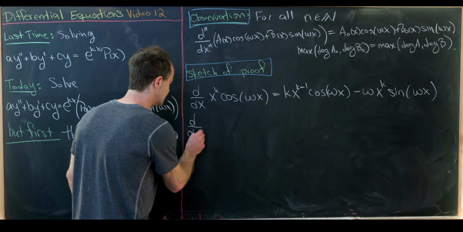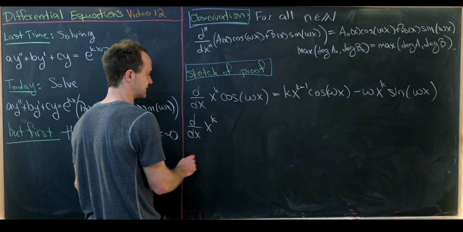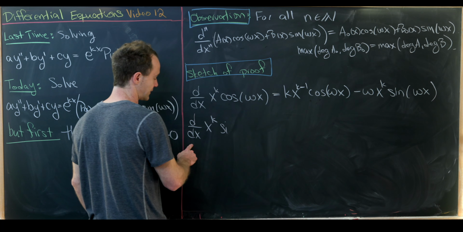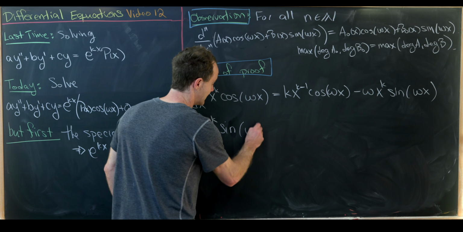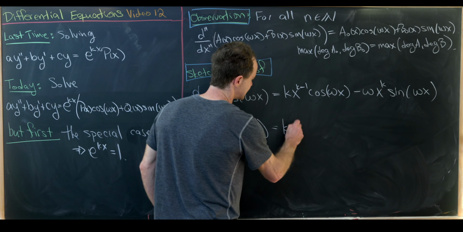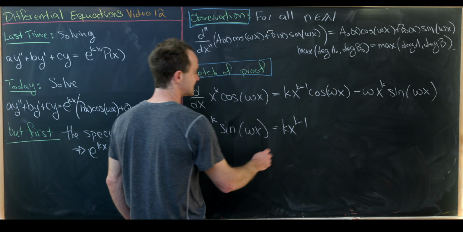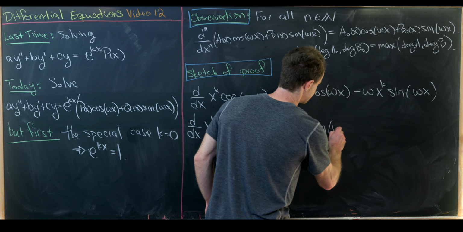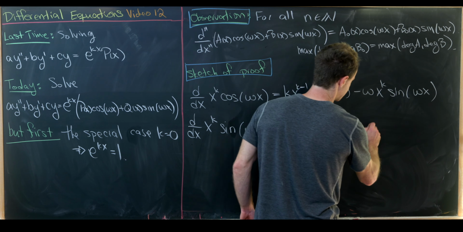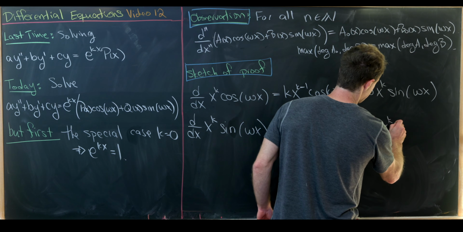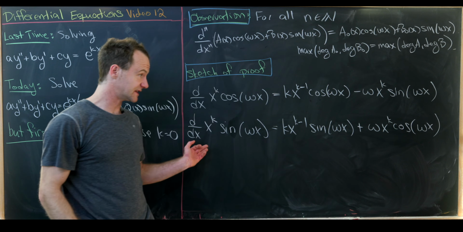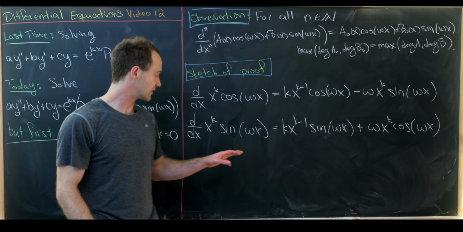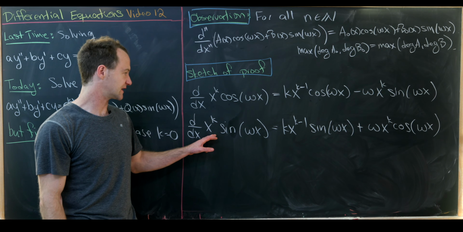The other part can be motivated by taking the derivative with respect to x of x to the k times sine of omega x. So using the same power rule, we get k times x to the k minus 1 sine omega x plus omega x to the k cosine omega x. Great. So again, the highest power of x we see over here is the same thing as the highest power of x we see over here.